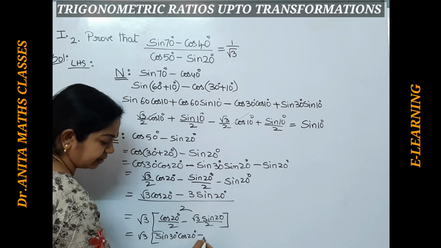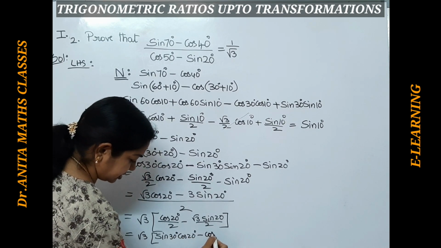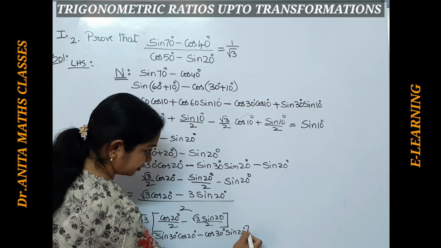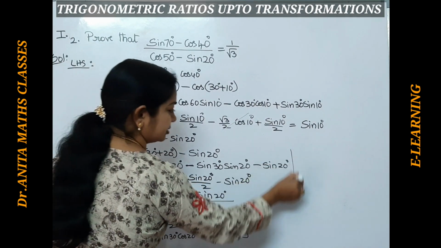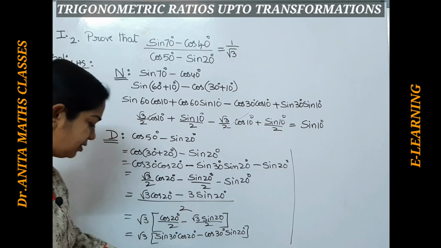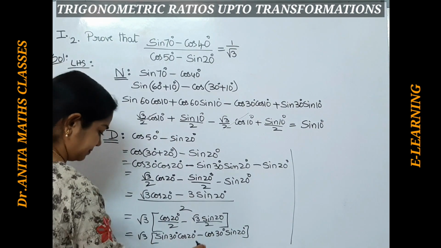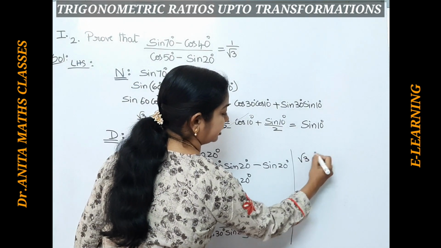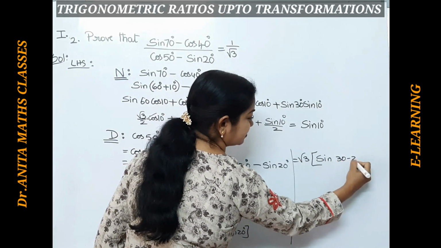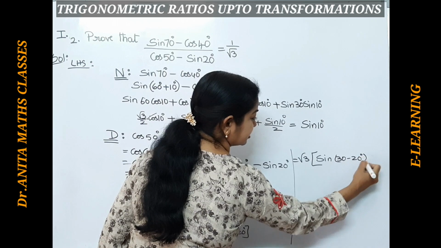Similarly, root 3 by 2 we can take as cos 30 degrees sin 20. So this becomes sin A cos B minus cos A sin B, so sin(A − B). So that is root 3 sin of A is 30 minus B is 20 degrees.